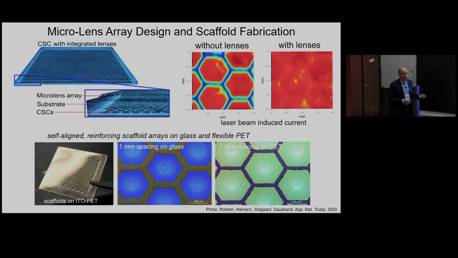The key, though, was to correct for the loss of photons that arrived and landed on the scaffold. And we did that by making these corrective optics, which would be sitting on top of the perovskite cells. So any photons arriving anywhere here would be scattered into the cell.